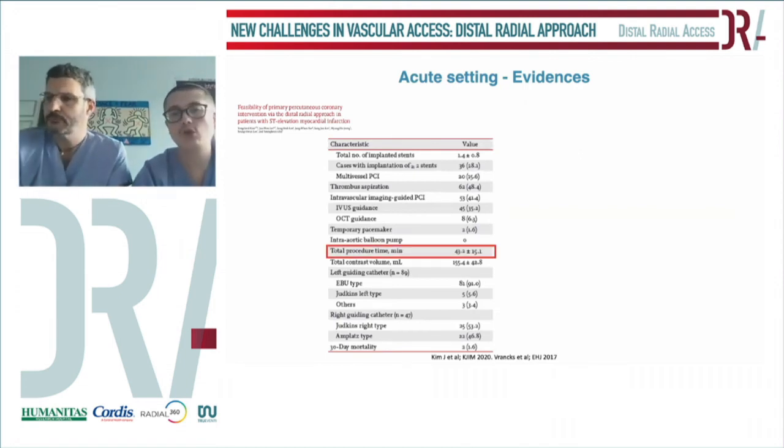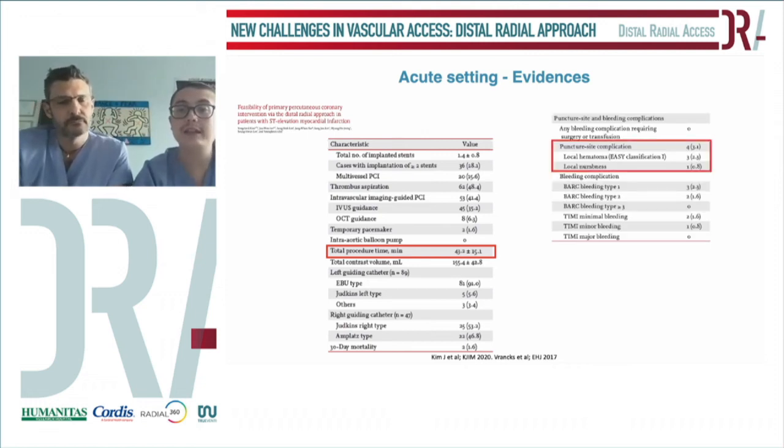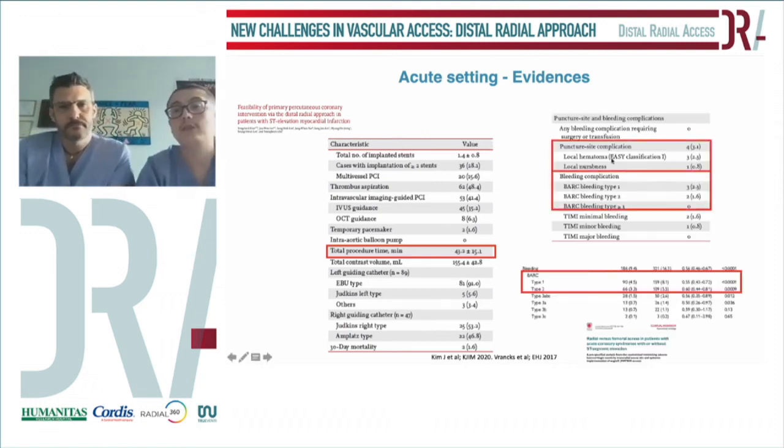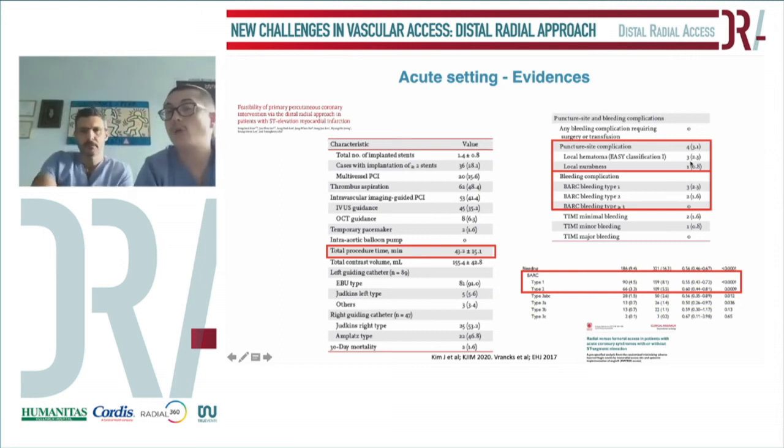Procedural time was short, but that is quite usual for acute patients. And as you can see here, puncture site complications were rare and mainly hematoma. It's important to underline that bleeding complications were really low.